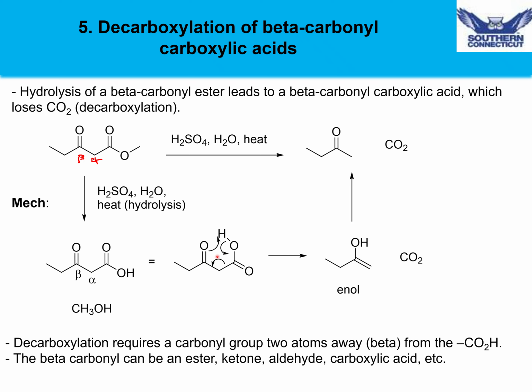The result of those electron movements would be an enol from the left side of this molecule. So we have a double bond and we are turning this carbonyl into an OH. So that's our enol. And then from the right side, this becomes a CO2 molecule. So this carbon is double bonded to this oxygen as well as double bonded now to this oxygen. So you have now CO2.